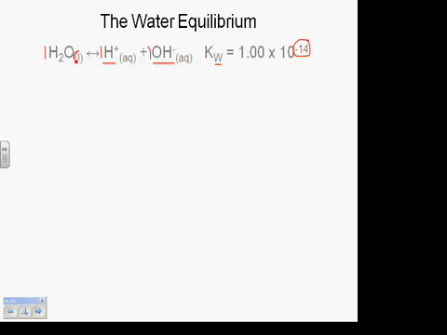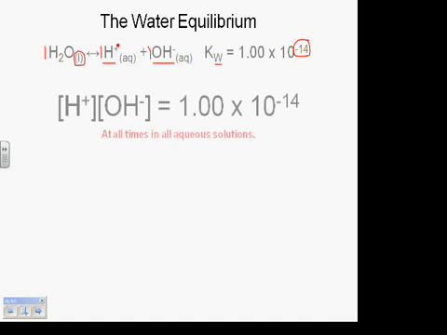We've got liquid water here, which wouldn't be included in the equilibrium expression. So the expression ends up being the concentration of hydrogen times the concentration of hydroxide ions is equal to that constant, 1 times 10 to the negative 14th. And that has to be true at all times in any aqueous solution. It never changes from that value.